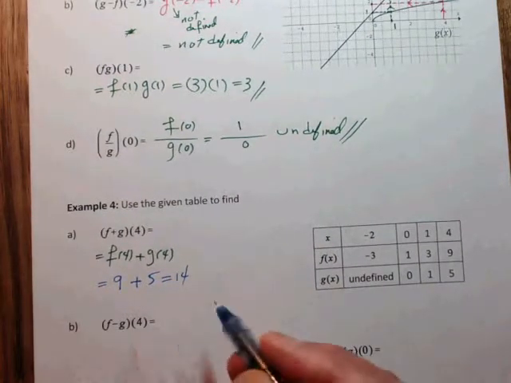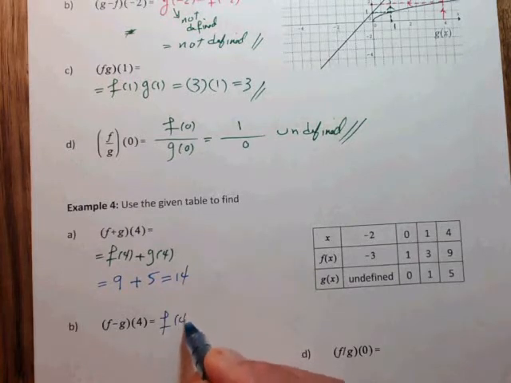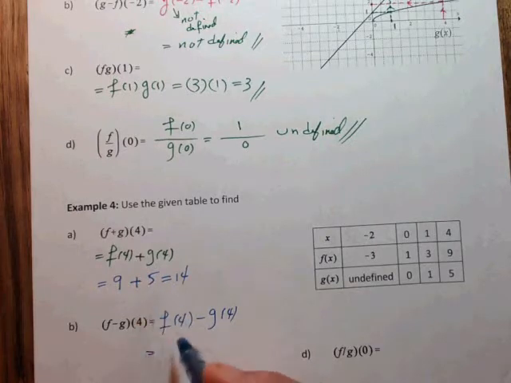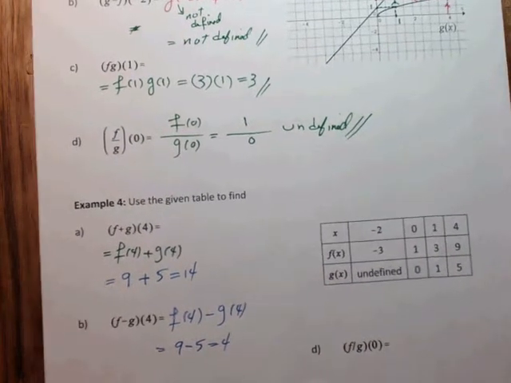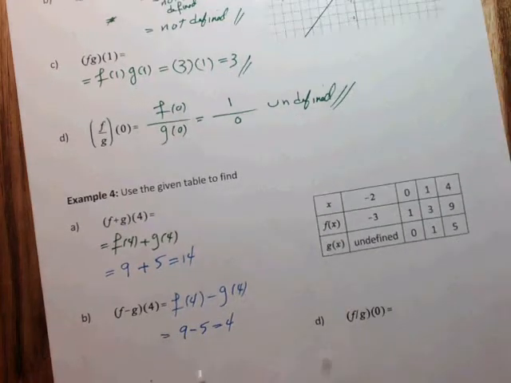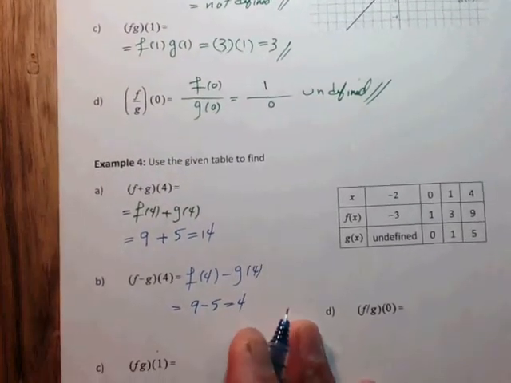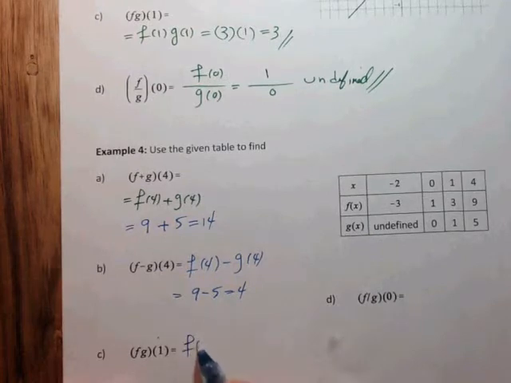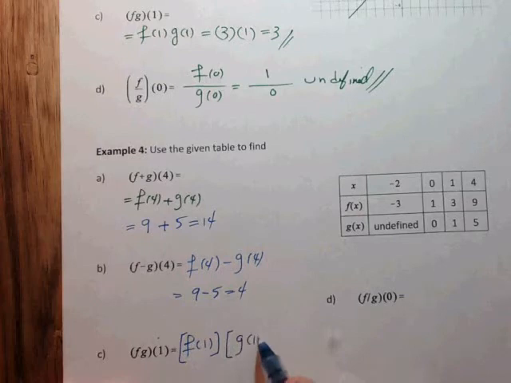F minus g at 4 is f of 4 minus g of 4. Of course, again, I have the same numbers. 9 minus 5, you get 4. F times g at 1 is f of 1 times g of 1.